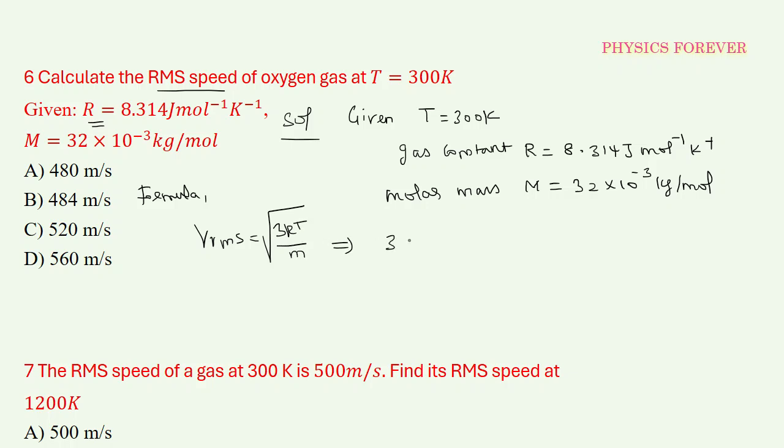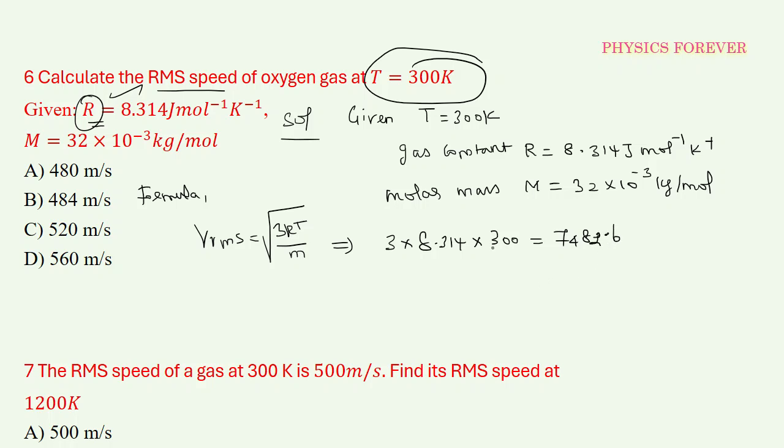So first we calculate the numerator, 3 into the gas constant R, 8.314, into the temperature 300. Multiplying everything, we get 7482.6.